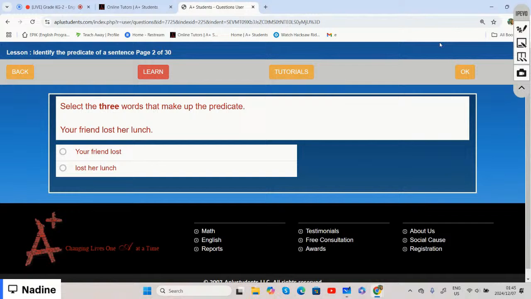So we need to select the three words that make up a predicate. And if we were to select the predicate, then we will say lost her lunch, because that is the three words starting with lost, which is our verb.